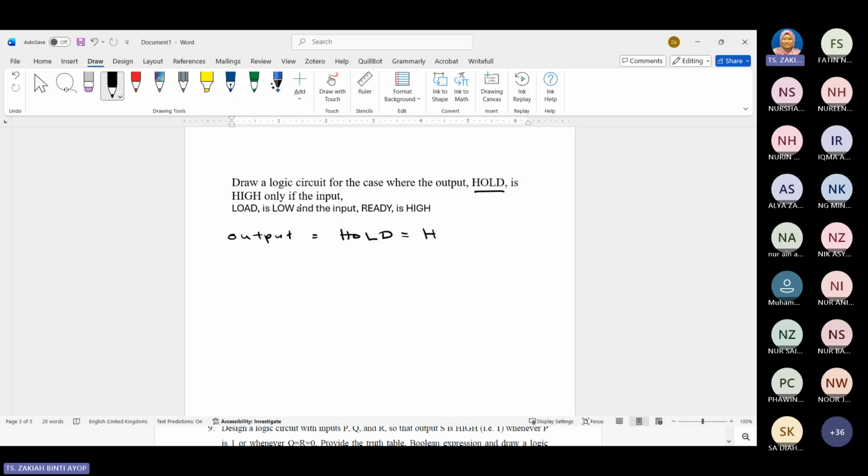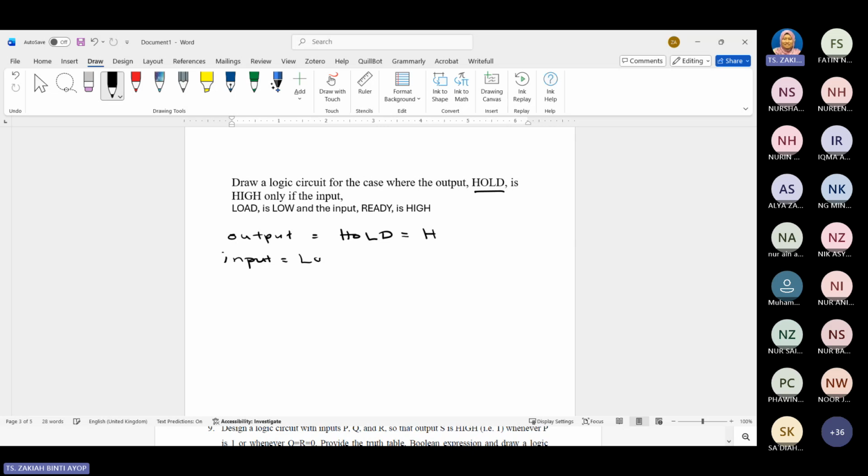Now, HOLD is high only if the input... we determine what type of expression will give you high. What is high? 1. So we want to know which combination of inputs will give a high output. So determine the inputs first.